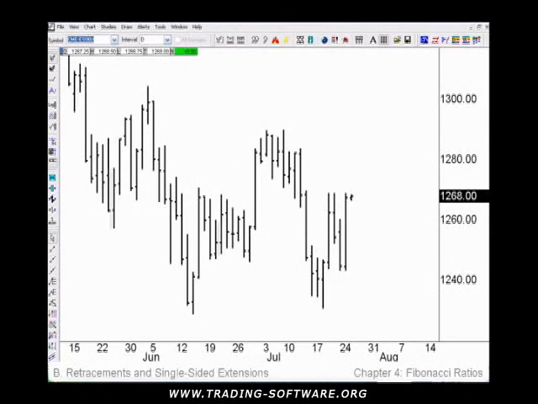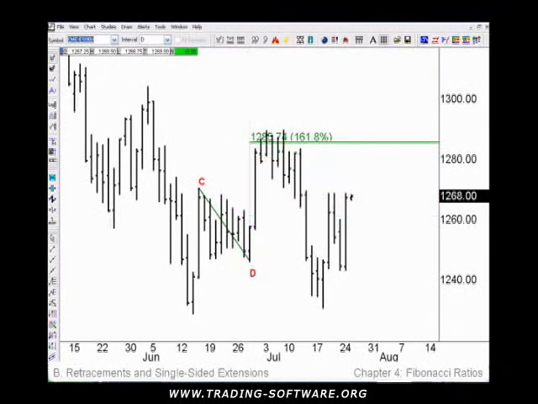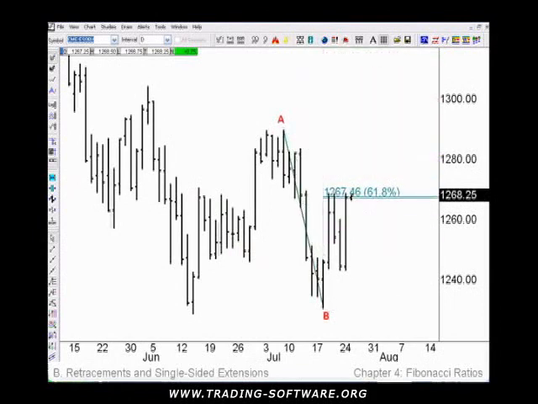From this range here, which we'll call C to D, price action dropped after hitting the 161% extension area. And if we call this A down to B, price action retraced a little bit after hitting the 61% retracement area.